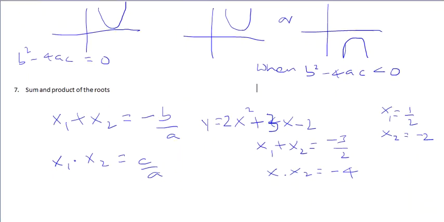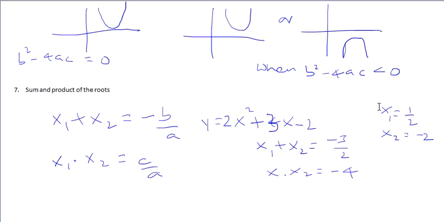Another thing that's very useful to know is the sum of these two roots, x1 and x2. If we add them up, when there is a solution, it's minus b over a, and the product of the two roots is c over a. So in this case, y is equal to 2x squared plus 3x minus 2.